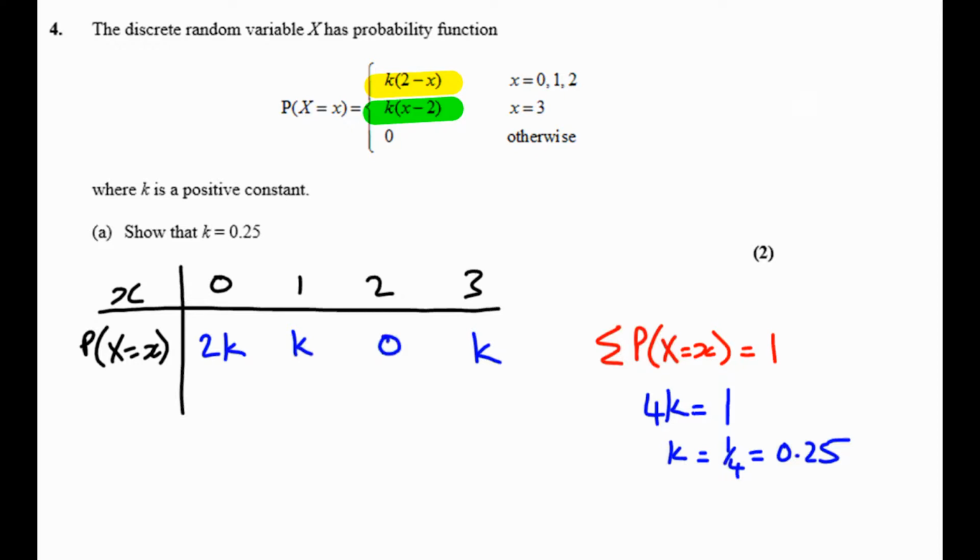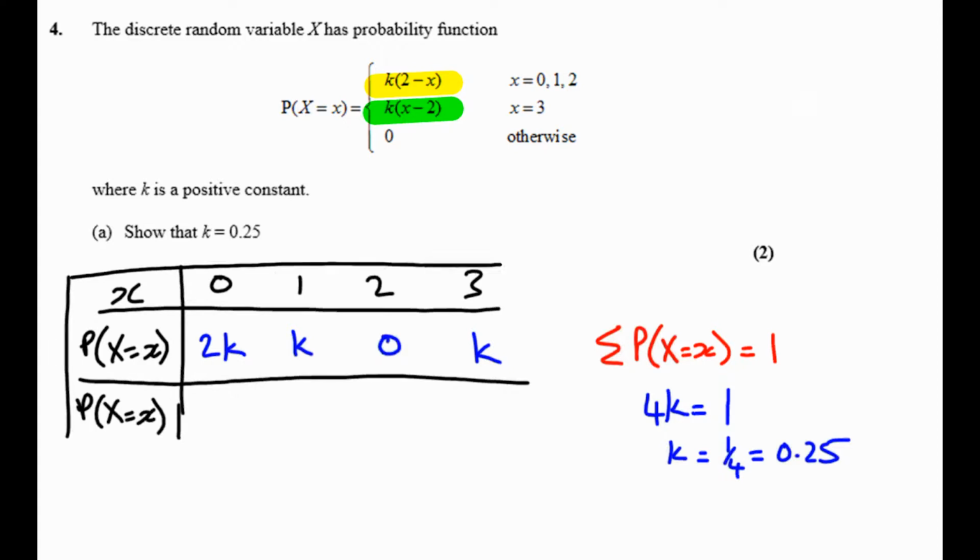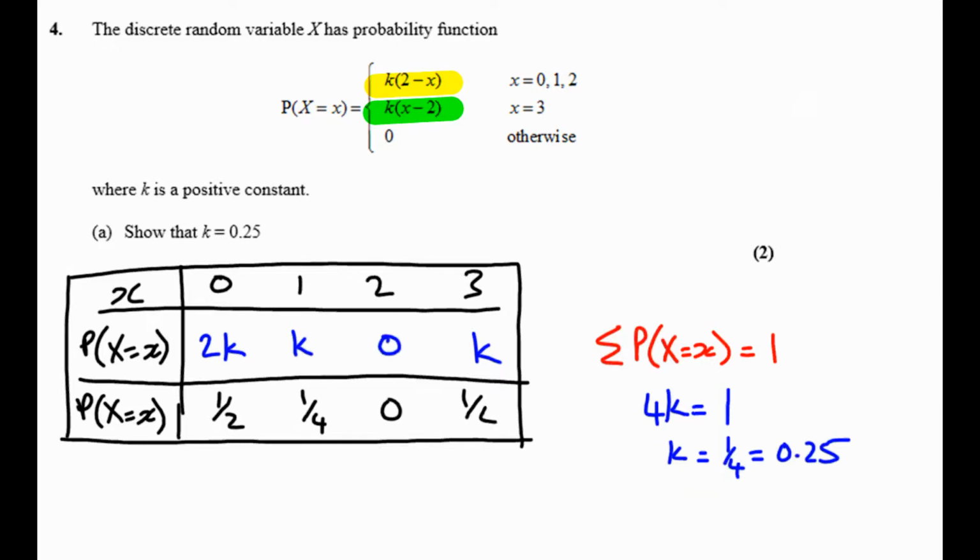All right, before I even move on, since I now know the value of k, I can put numerical values on these. Let's finish off this table. Okay, and those numerical values, I'm going to use fractions. I'm looking for a half, a quarter, 0, and a quarter.